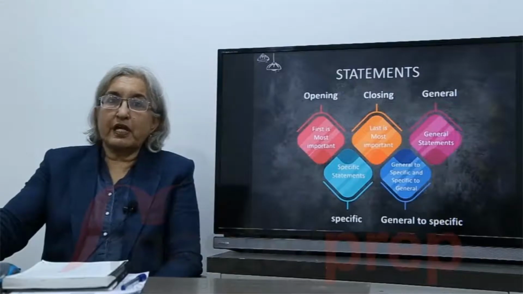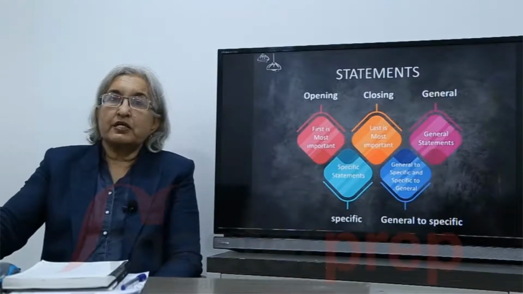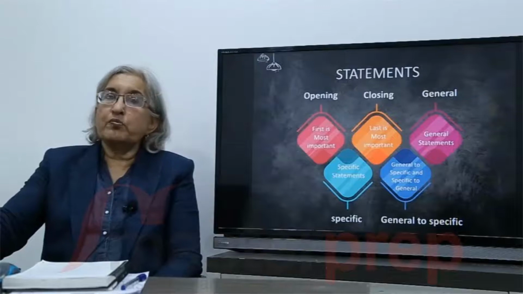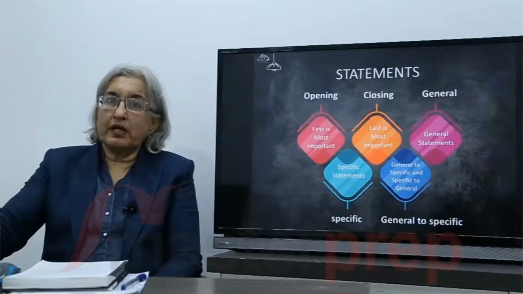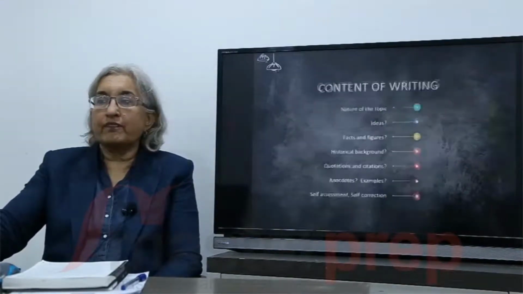A specific statement would be, in our country, primary education is free for all. So that is an example which supports the general statement. So you may begin with a general statement and then give a specific statement to support the general statement.